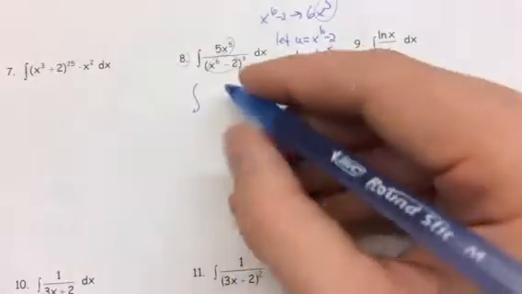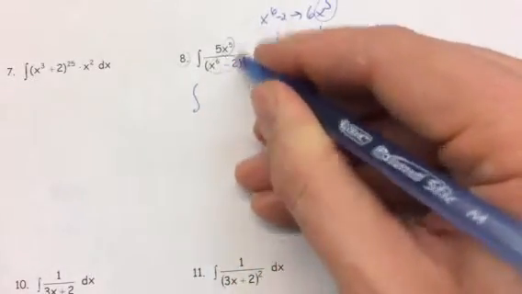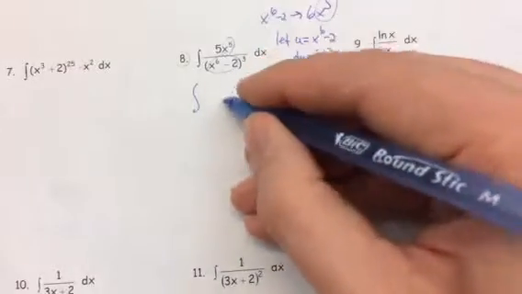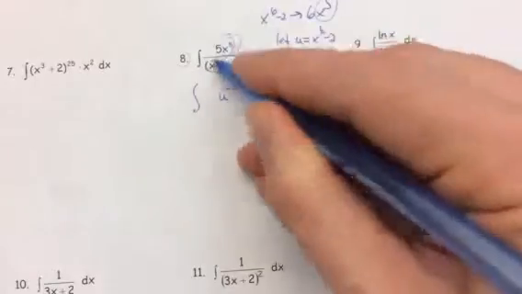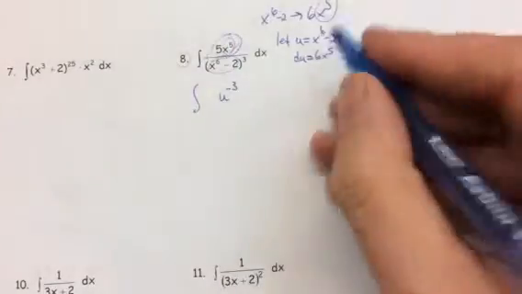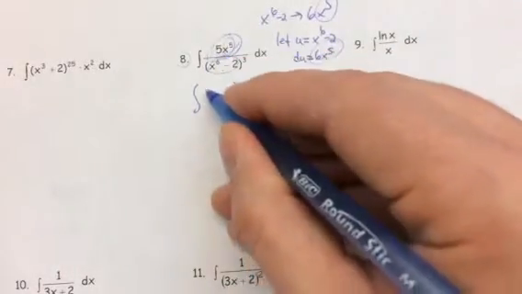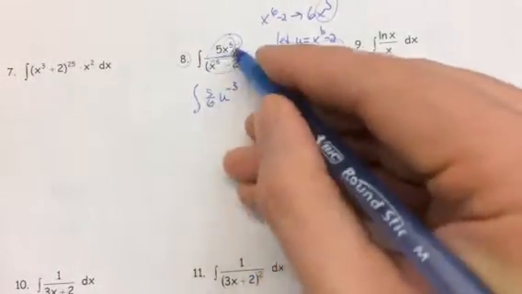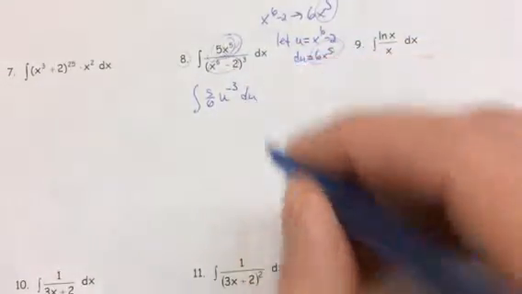So, the way I think about this is this is u to the negative 3rd power because it's dividing. So you've got u to the negative 3rd power. Now this is not du. This is 5/6 of du. The easy way to do it is you just divide by what the du is. So this is going to be 5/6, and the x to the fifths cancel out, which is what you need, du.